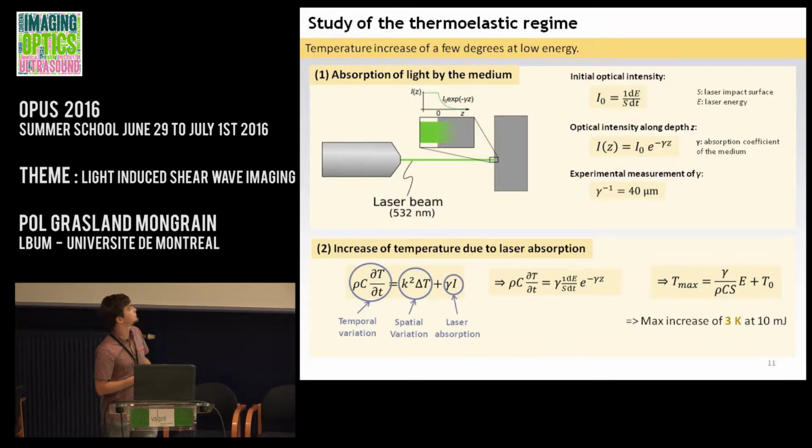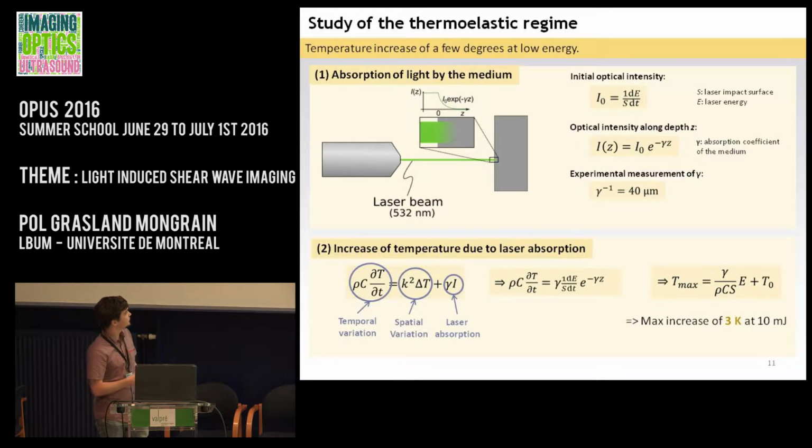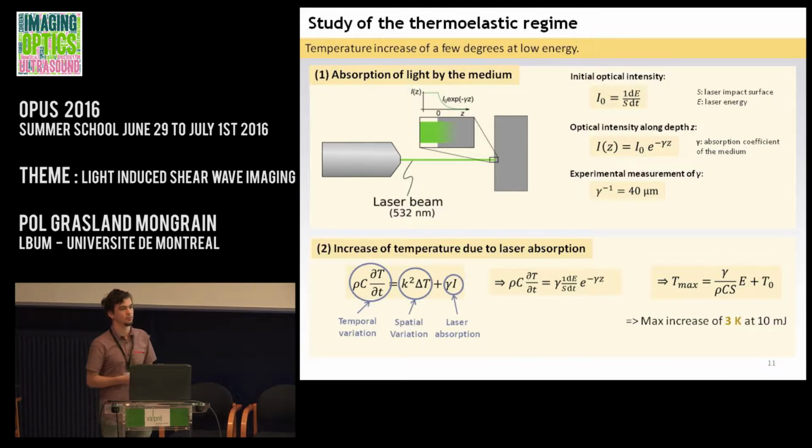This was to calculate the absorption of light in the medium. Then we can calculate with the heat equation the increase of temperature in the medium. When the laser beam was emitted, the spatial variation of temperature term is negligible compared to the other one.